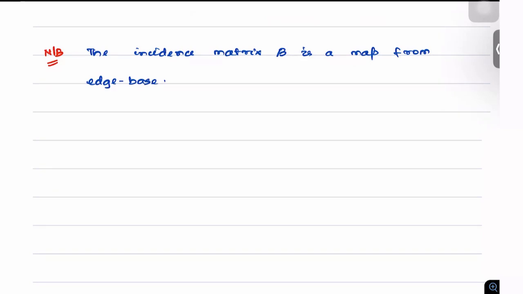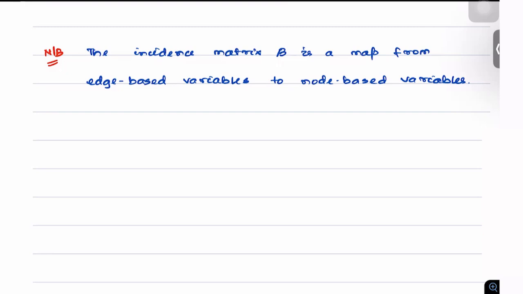Hence, to summarize, we can write the following. The incidence matrix B is a map from edge-based variables to node-based variables. This is very useful information.